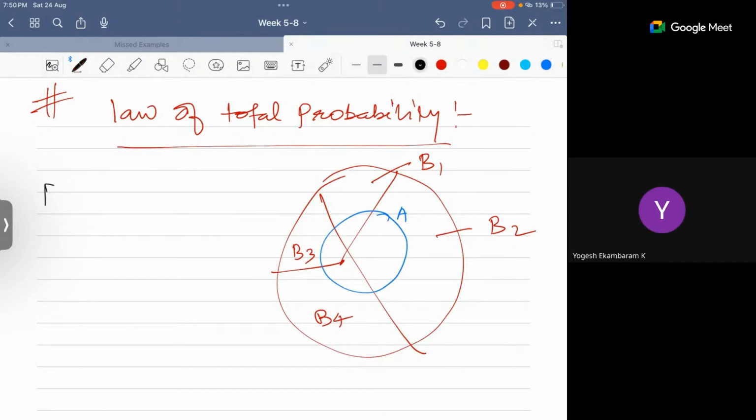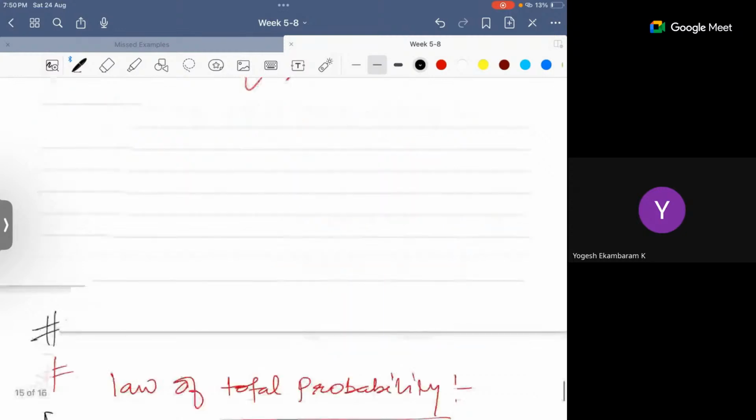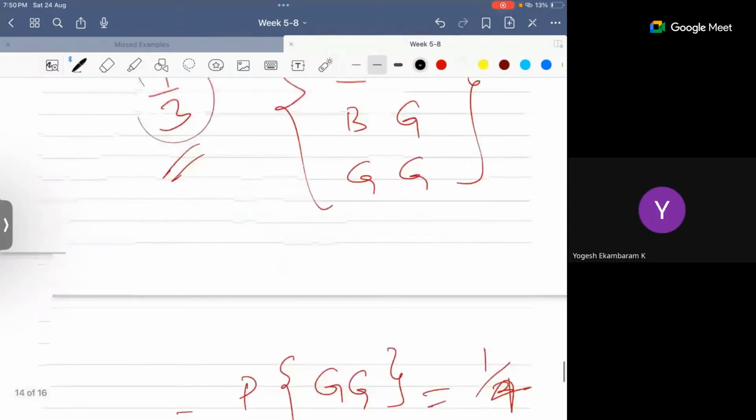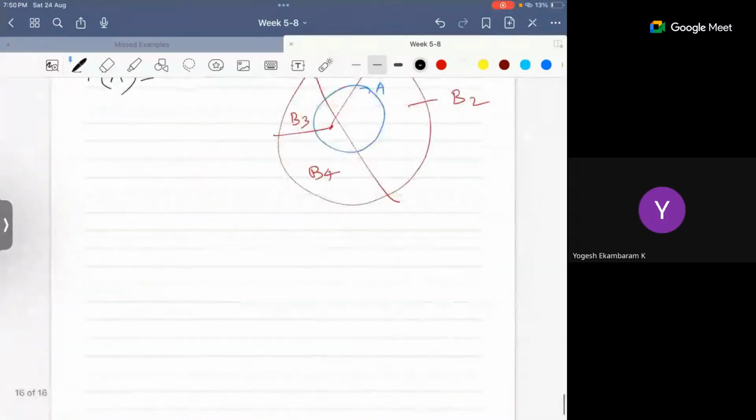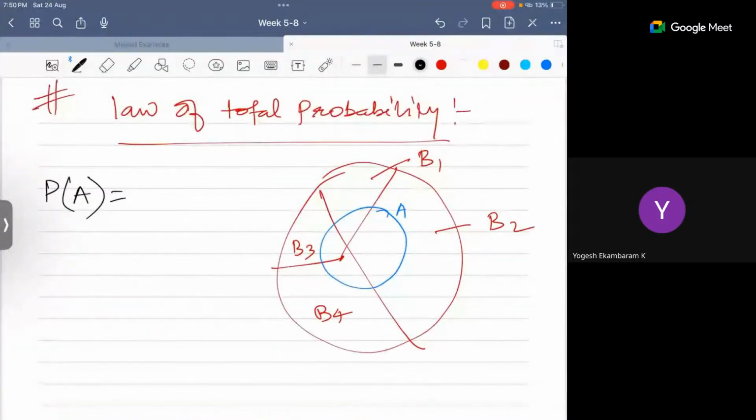If you have to write the probability of A, how will you write this? I told you one method, right? Whenever we were solving the complement case, I told you one method. How will you write the total probability of A for this case? Can you write it like this? Probability of A. This area is what? A intersection B1.